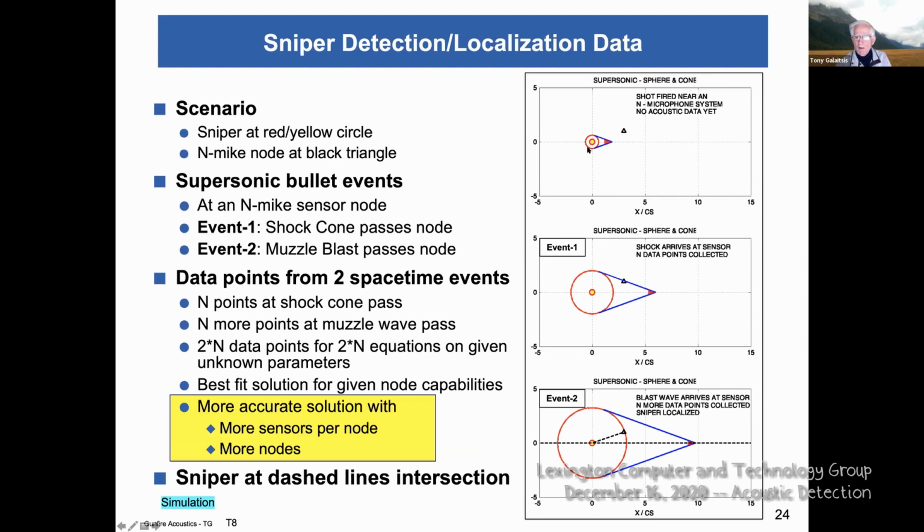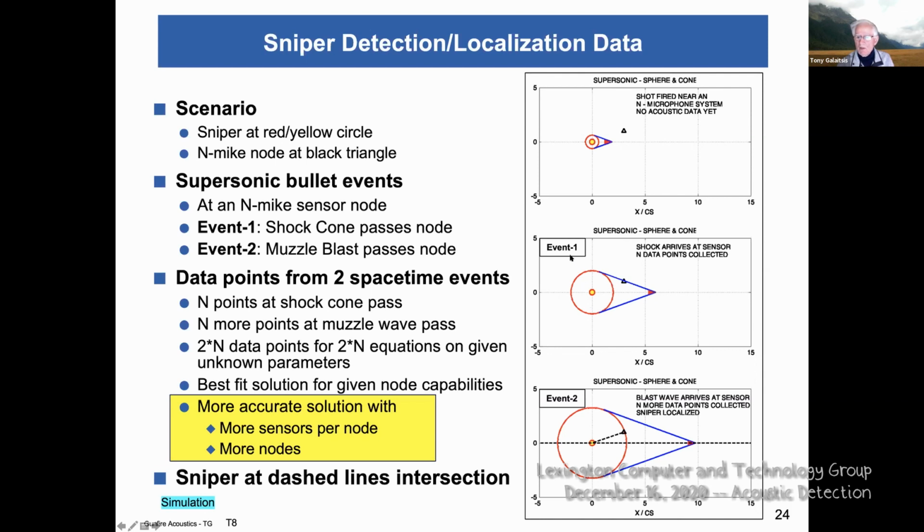He has fired the gun, so the bullet has traveled up to here, some distance from the sniper, but nothing has touched this sensor yet. And by a sensor here, sometimes I use it interchangeably with array, which means it's a multiple microphone device. It has N microphones. So at this point, there is no acoustic data that was acquired.